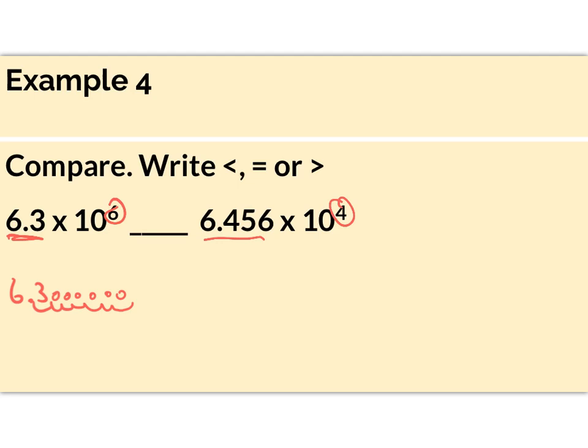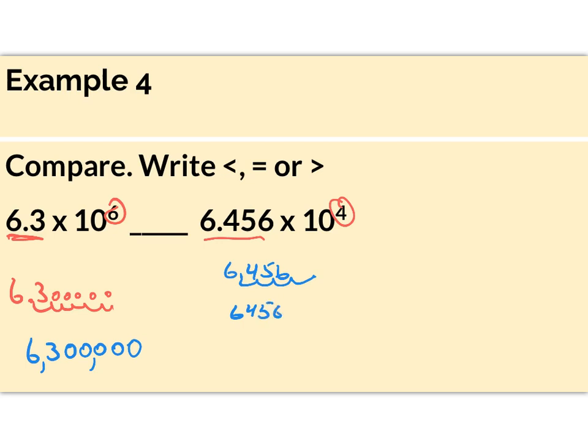Oops, I moved 7 times. Let me erase the last one. I knew something didn't look right. So that becomes 6.3 million. And now looking at 6.456, we move 1, 2, 3, 4 times.